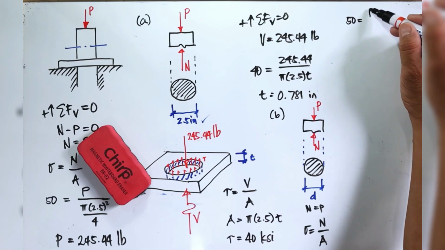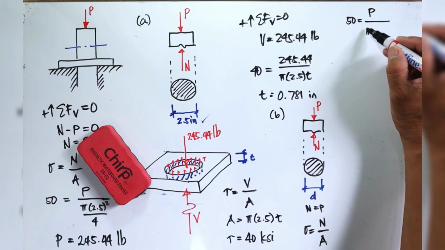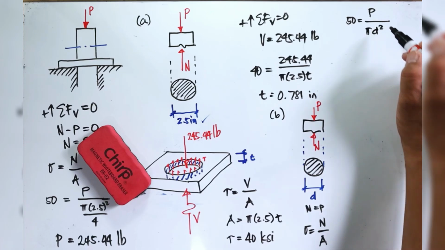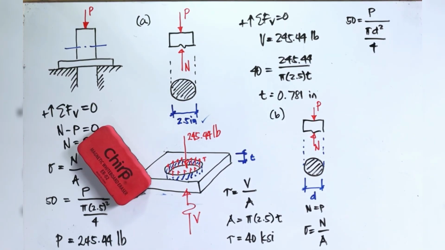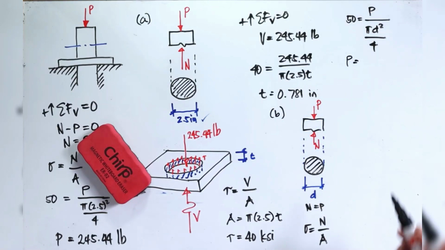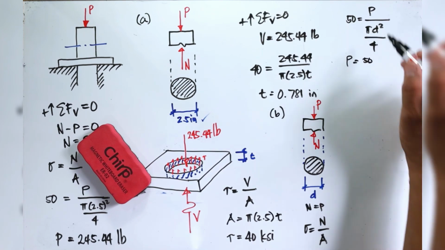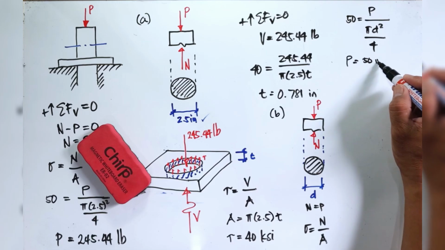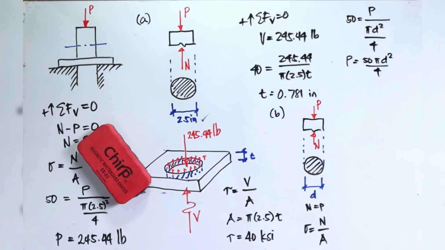N is now P divided by the area, which is pi d squared over 4. So we will have P in terms of d. That will be 50 times pi d squared over 4. Let's just say P equals that.